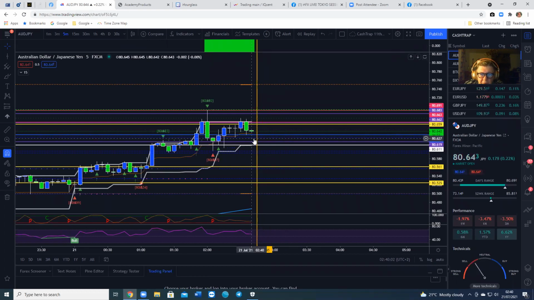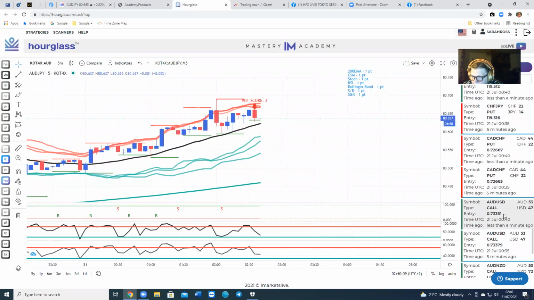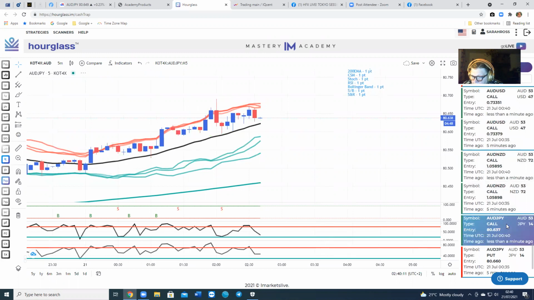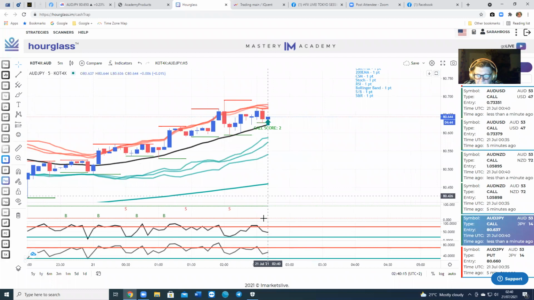Oh, that's opening as a sell candle. Gave us a call though at 637, which is that 5-minute line. But my indicators are not really, it's only a call score of 2. I've got no buy there. I've got the currency strength in my favor, the 200 EMA in my favor.